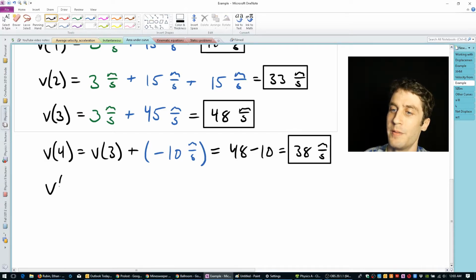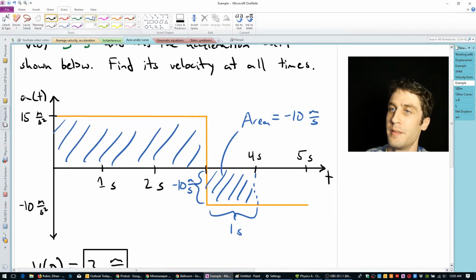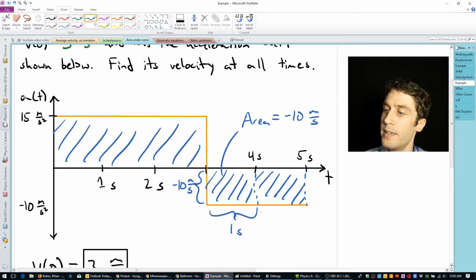Just one more. Velocity after 5 seconds. And I'll do what I did in the previous one, where I'll just add on this new area.